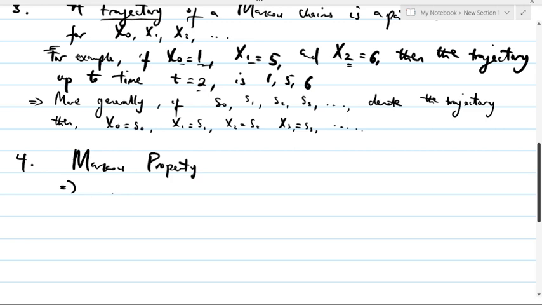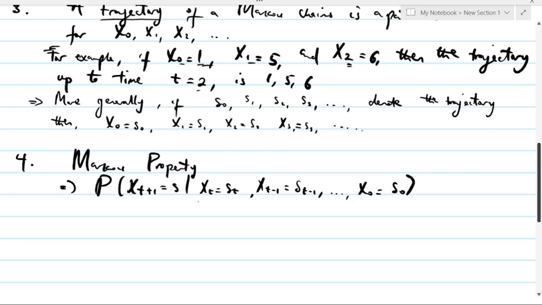Okay, in the Markov property we have the probability distribution of our next or future state, given our current state at time t and our previous states, down to x0 equals s0, is equal to the probability distribution of our future state depending only on our current state.